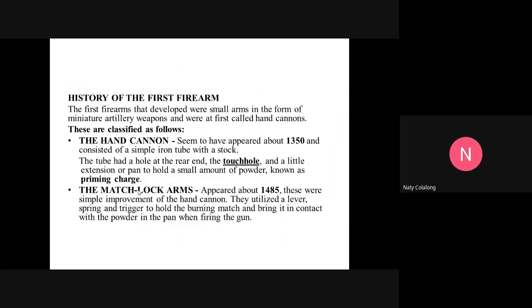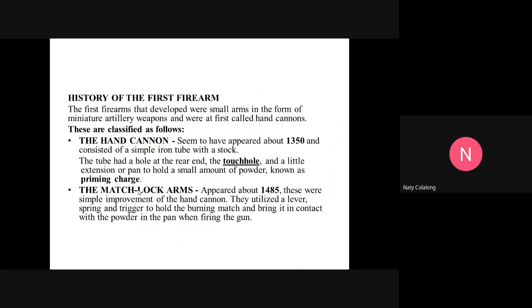The hand cannon seems to have appeared about 1350 and consisted of a simple iron tube with a stock. The tube had a hole at the rear end, which is called the touch hole, and a little extension or pan to hold a small amount of powder known as priming charge.